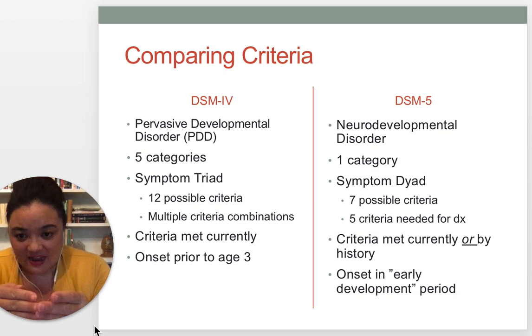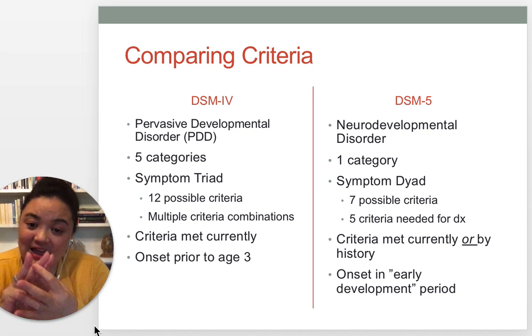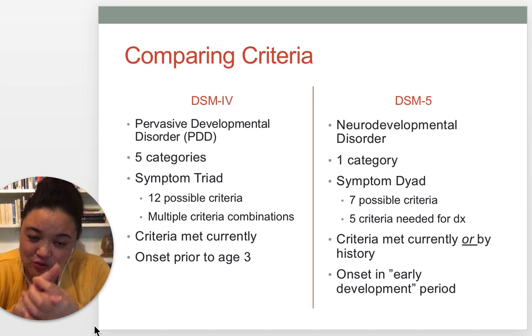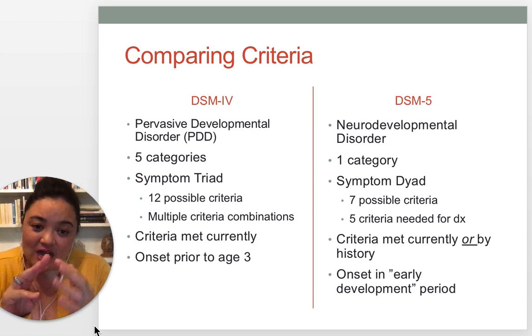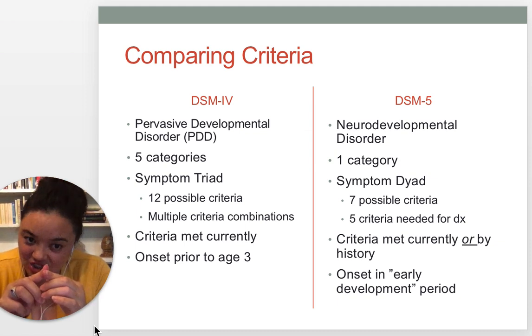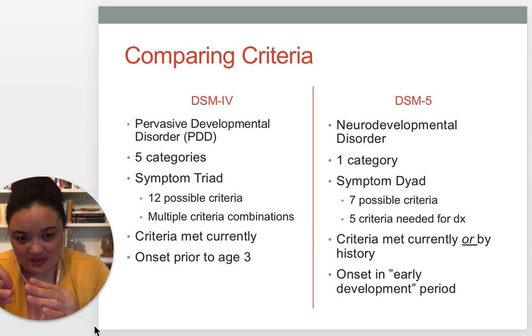Under the DSM-5, they tried to streamline that a little bit. So instead of having social interactions and communication separately, they combined them in DSM-5 because they recognize that communication is inherently social. You cannot separate out social from communication. So for that reason, under DSM-5, we now talk about it as being a symptom dyad: deficits in social communication, which are together now, and restricted and repetitive interests and behaviors.